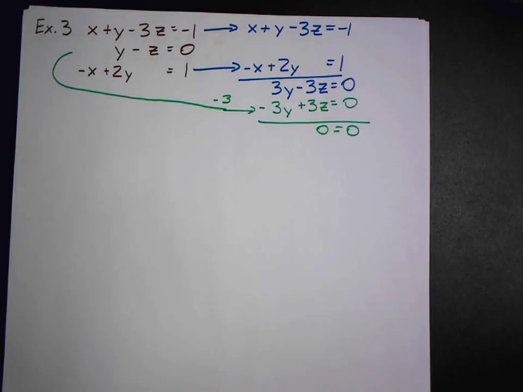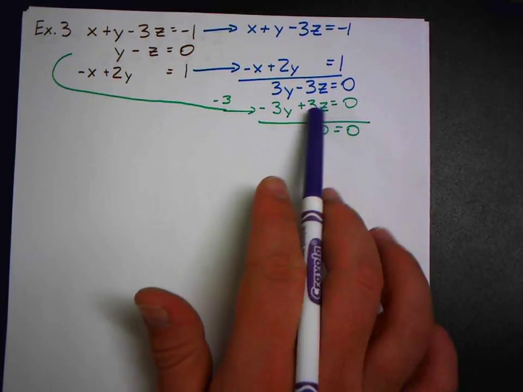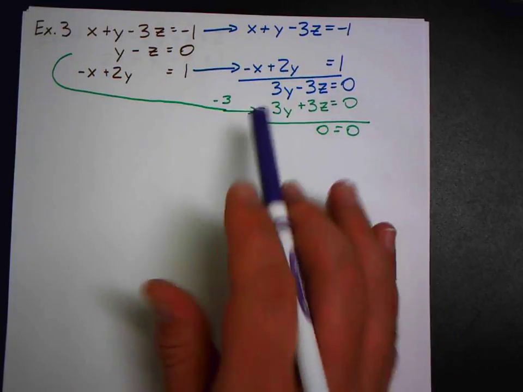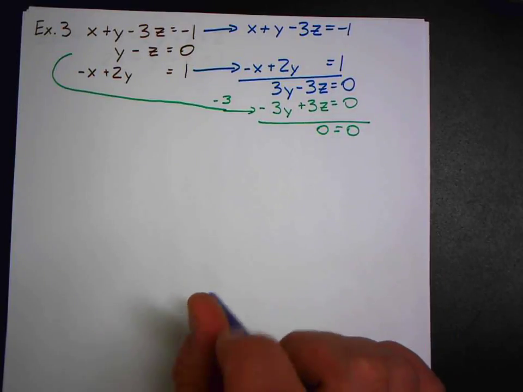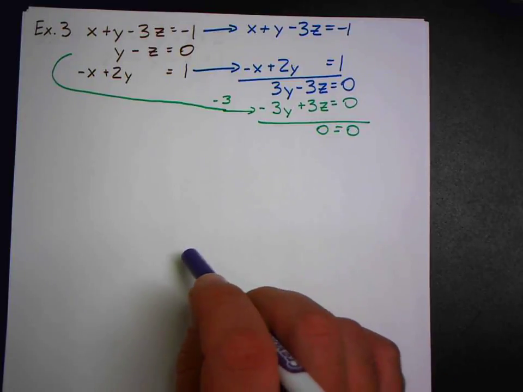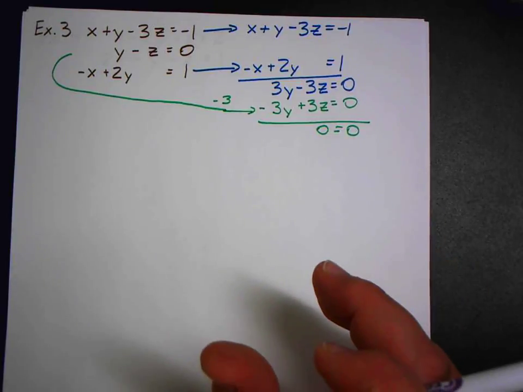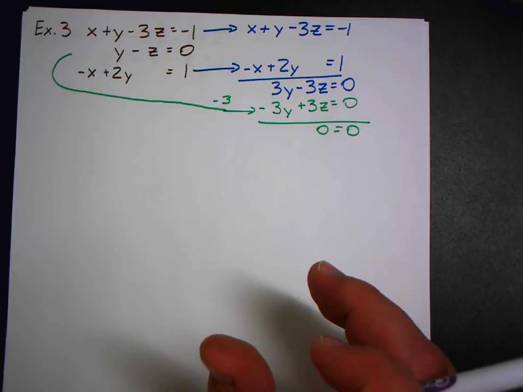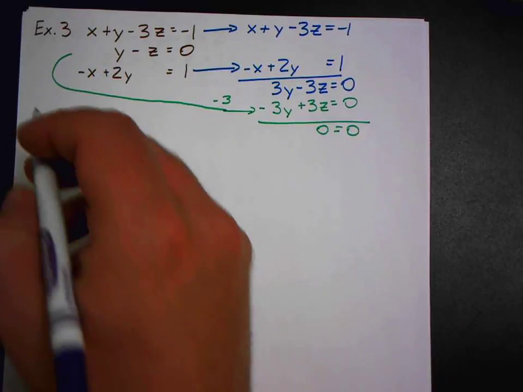So we want to choose a variable that is easy to use. It's already been kind of solved for. That is part of our two-variable system. So you want to start off by using either y or z. It doesn't matter which one you choose, so I'm going to let you guys choose, y or z. Z. Okay, great.